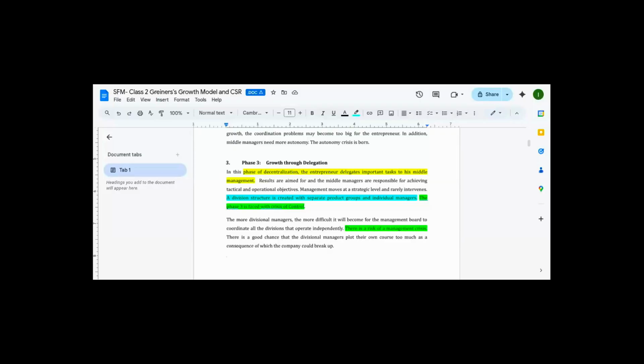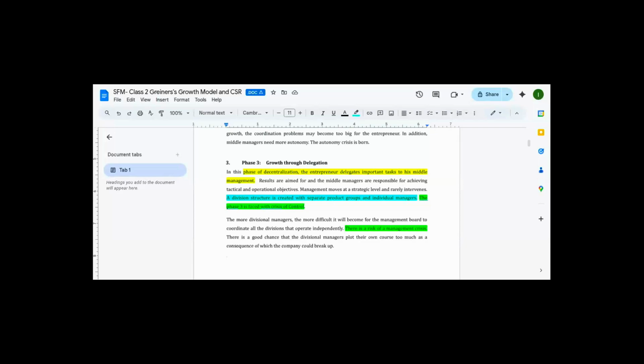Still in phase 3, a divisional structure is created with separate product groups and individual managers. So we now have a divisional manager for sales, divisional manager for marketing, divisional manager for promotion, divisional manager for logistics, divisional manager for MRS, that is maintenance, repair and servicing, divisional manager for procurement.